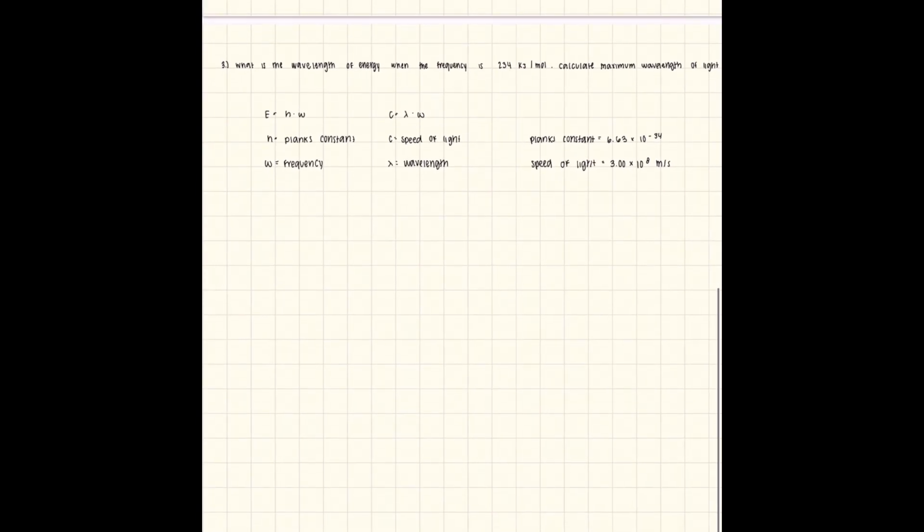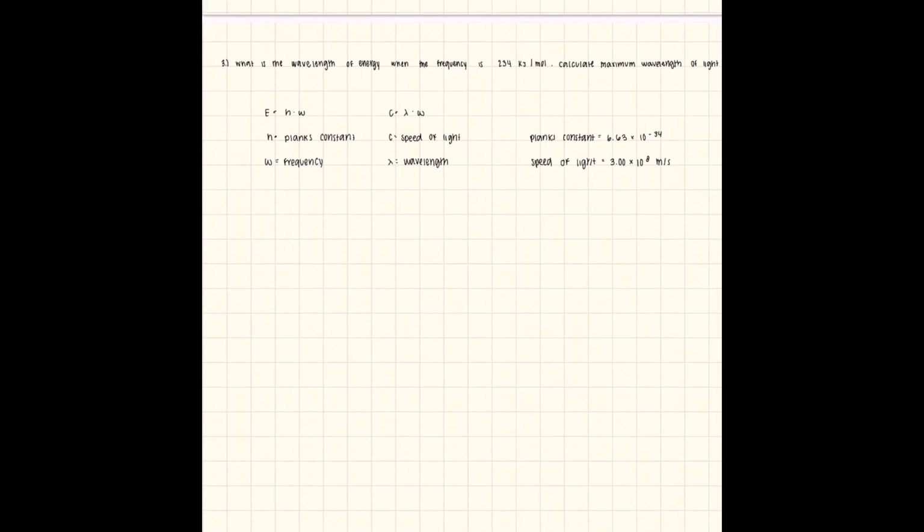The first step is to find the energy. We are given kilojoules, and we're going to have to convert that to joules because energy is given in joules. So the first thing I'm going to write is 243 kilojoules, because that's what we have, over moles.